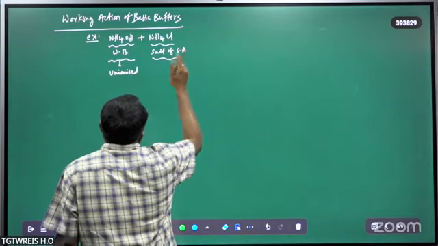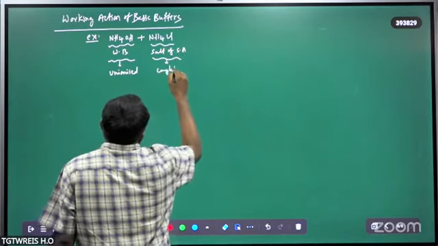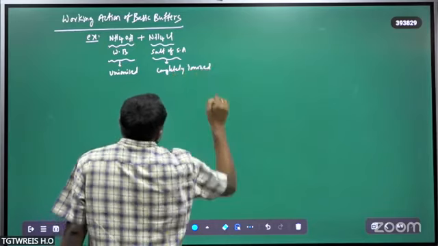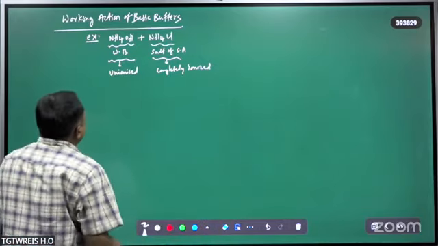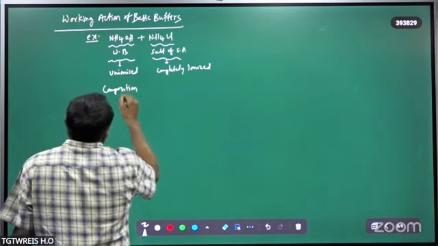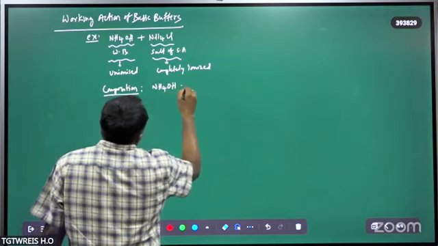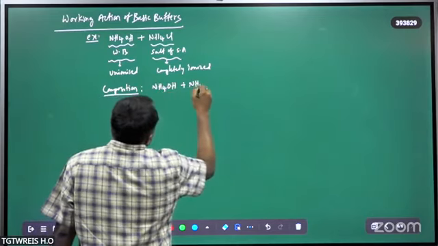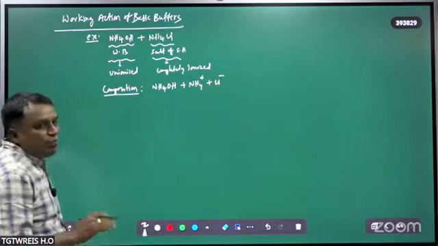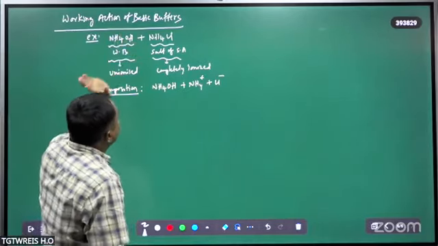But this one is a strong electrolyte, so it will be completely ionized in the mixture. Therefore, the composition of the buffer will be ammonium hydroxide, ammonium plus ion and Cl minus. These are the components present in this basic buffer.